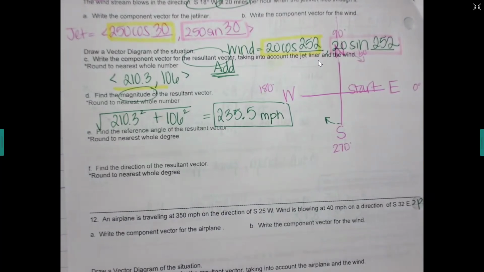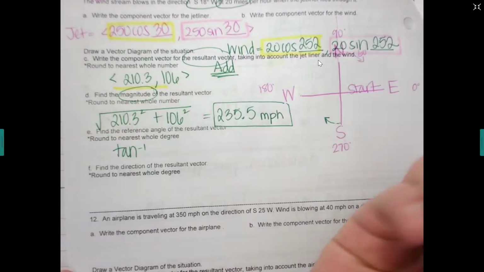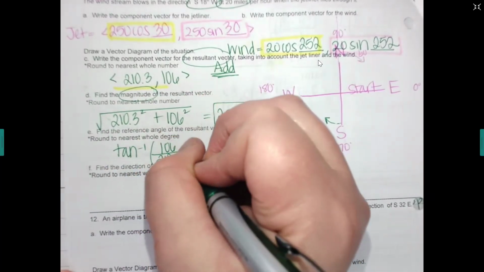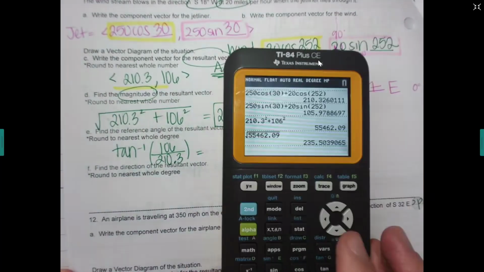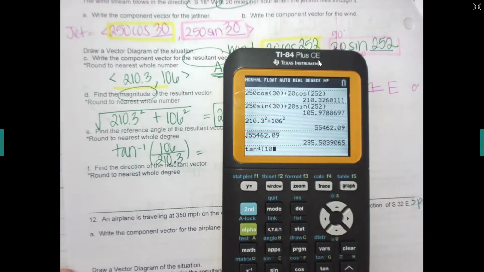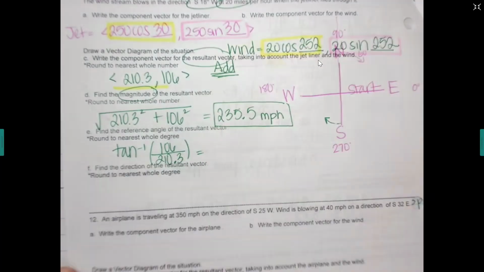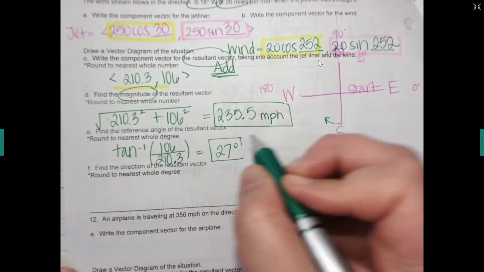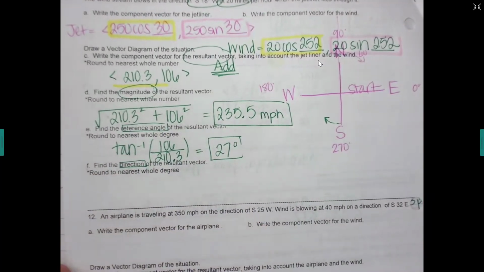Okay, next part E asks for the reference angle. Second tan, y over x is 106 over 210.3. We got 26.7. We're going to round that off to 27 degrees. Okay, that's the reference angle. How do I turn it into direction?